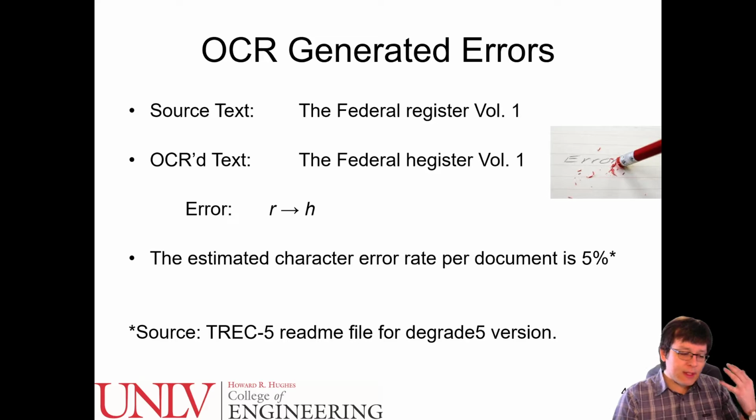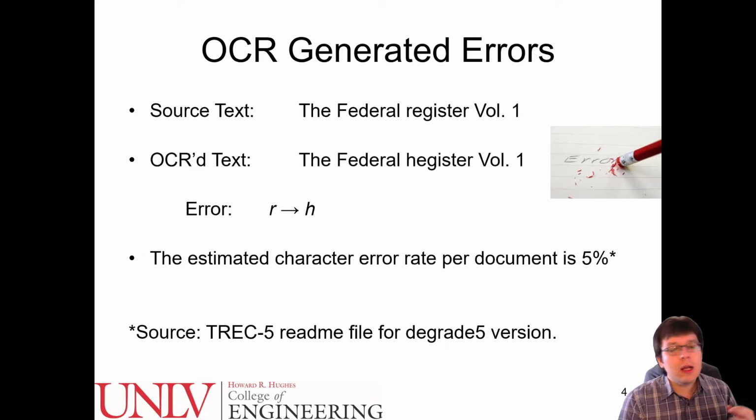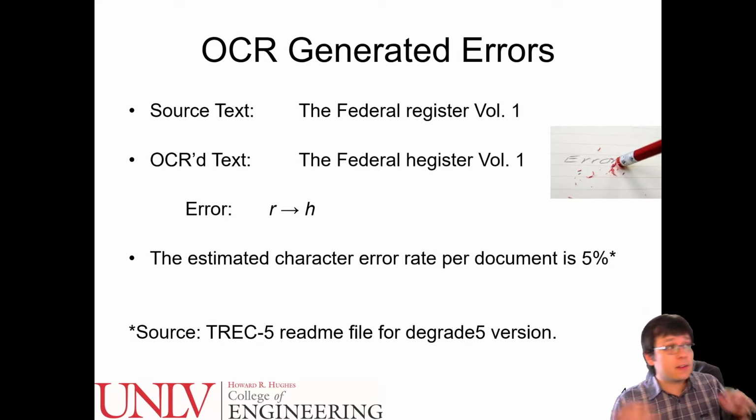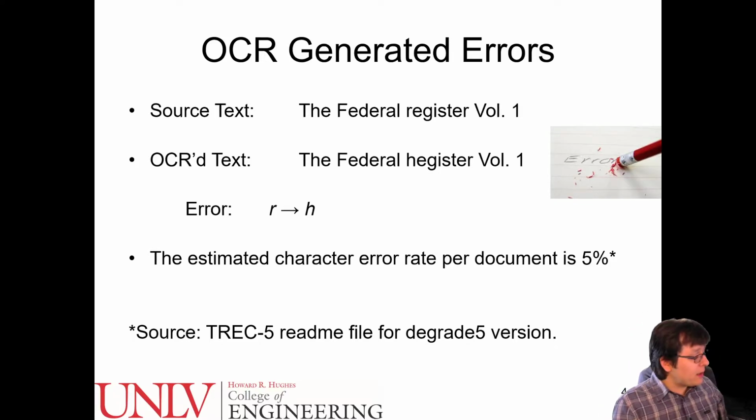And so the errors that you may get from OCR are going to be very different than the kind of errors that somebody would make typing. With typing, they miss the keys, and I'm looking at a keyboard here, instead of pressing A, they might press a W because it's very close on the keyboard. They're not going to press, for example, R and H. R and H are relatively close, but there's about 2 keys between them.